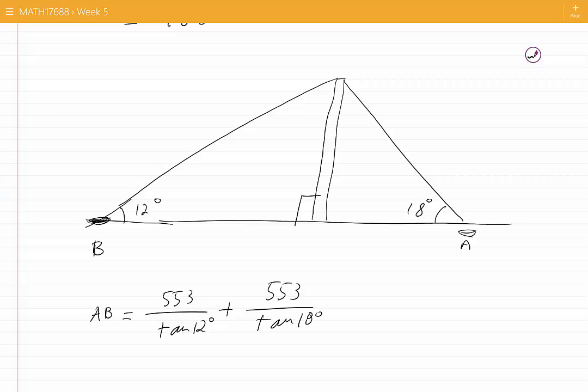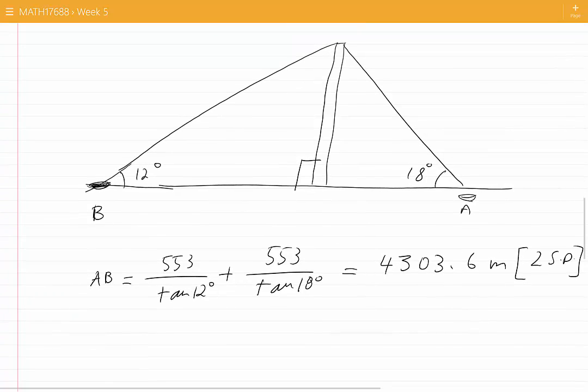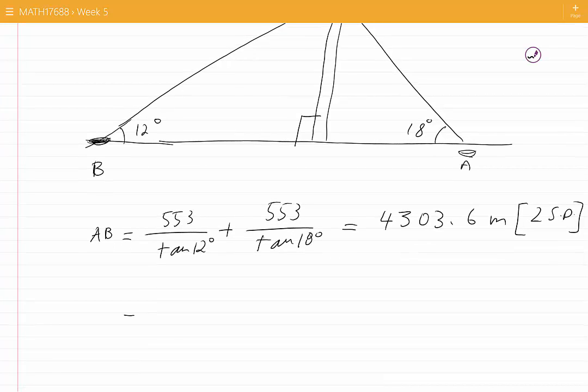And if we use our calculator, that adds up to 4,303.6 meters, which with two significant digits, after rounding, becomes 4,300 meters.